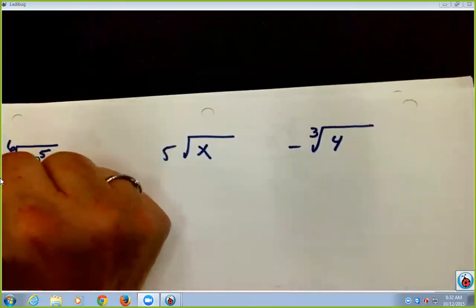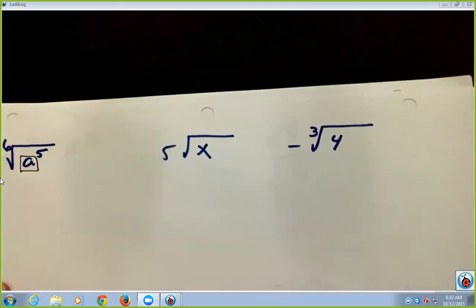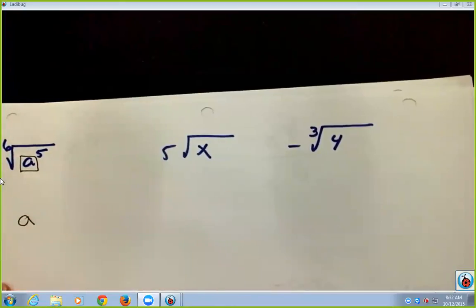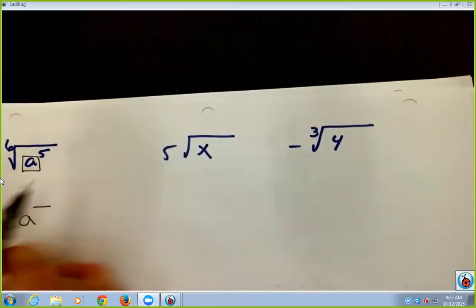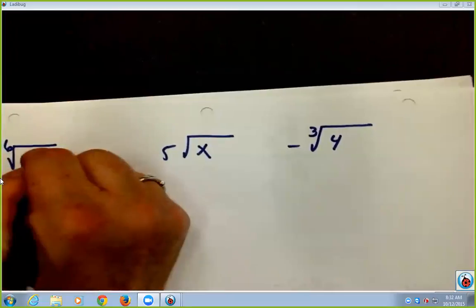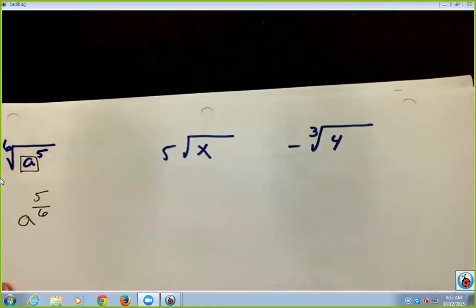Well, the a, which now is my radicand, is going to become my base. My 6, which is my index, is my denominator. The 5 is my exponent, and that becomes the numerator of my fraction. So they go back and forth here between those.